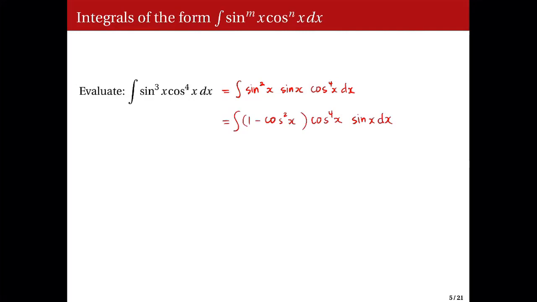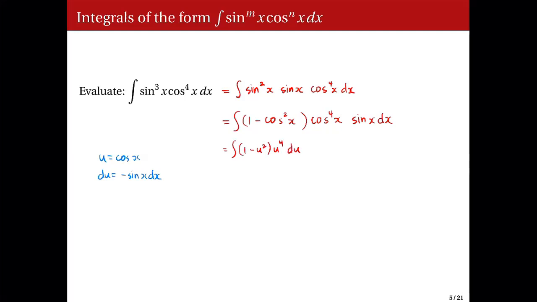Okay? And we now have u equal to cosine x, du is negative sine x dx. Correct? So, from here, we will get the integral of 1 minus u squared, and then here you have u to the 4, and then du.